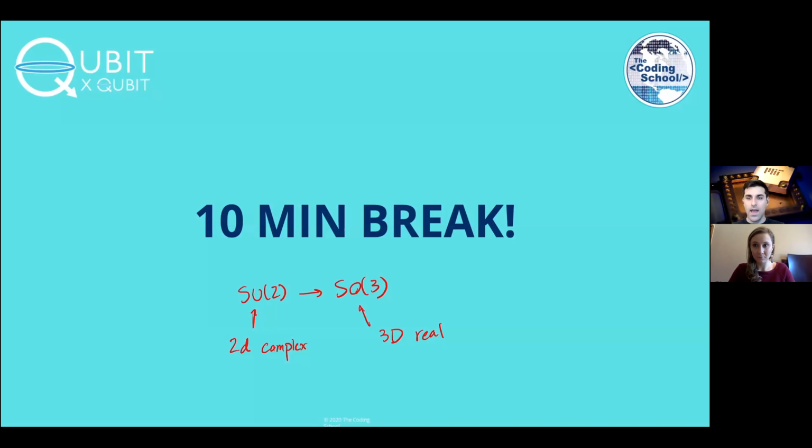For example, it can't capture correlation between qubits like entanglement. So there's no good way of capturing entanglement in its entirety using the Bloch sphere. But it's a really good way of visualizing the state of a qubit, or multiple qubits for that matter. It's just that when it comes to correlations between qubits, it's not baked into it.